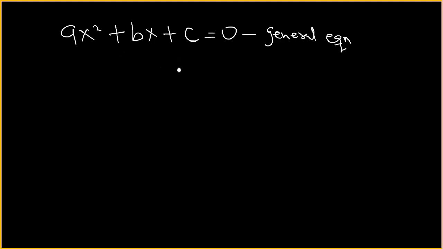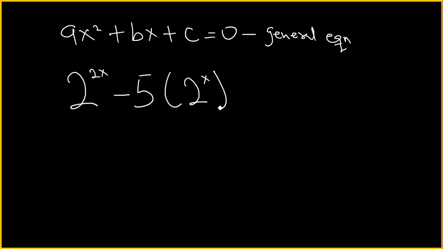To obtain the solution of the exponential equation 2 raised to the power 2x minus 5 multiplying 2 to the power x plus 4 equals 0. This is an exponential equation, and how do we solve this?